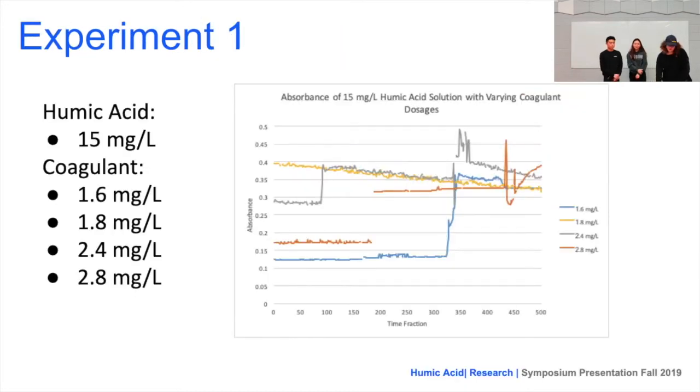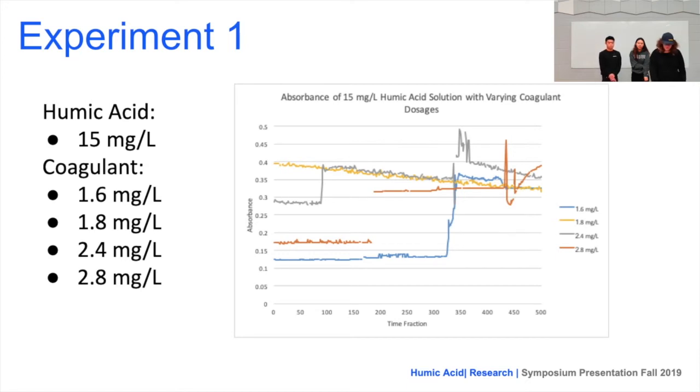So the first experiment we did was using 15 milligrams per liter of humic acid, and then we varied the coagulant concentration from 1.6 milligrams per liter to 2.8 with an interval of 0.2.